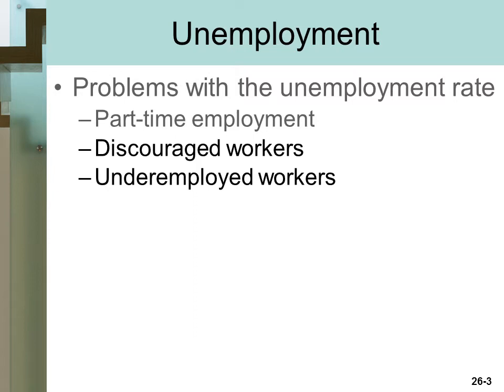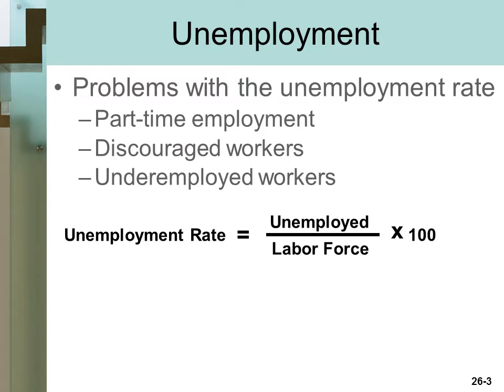Now again, we're not making a normative decision here. We're not being critical of anyone's job. We're saying her skill set is much broader than working as a manager in a supermarket. If you think about our production possibility frontier, she's not fully employed because she has job skills that she isn't using. So we refer to those people as underemployed workers, people who take a job below their skills just because they need the money.